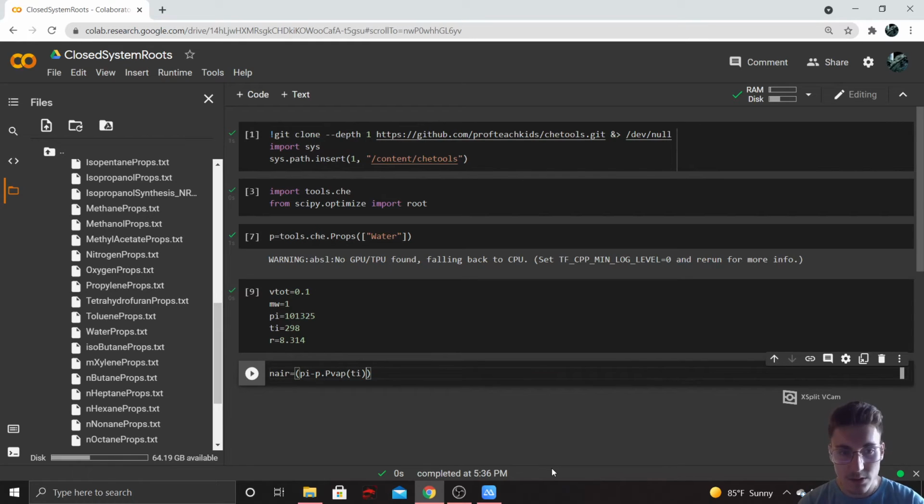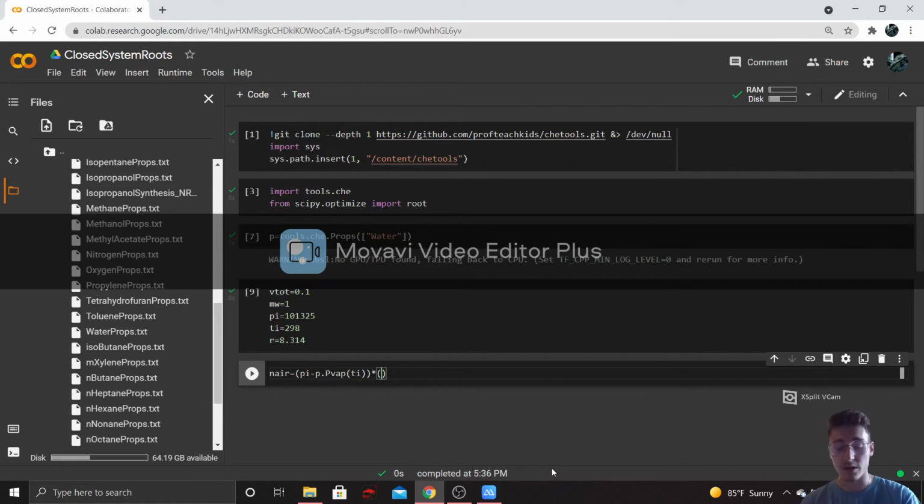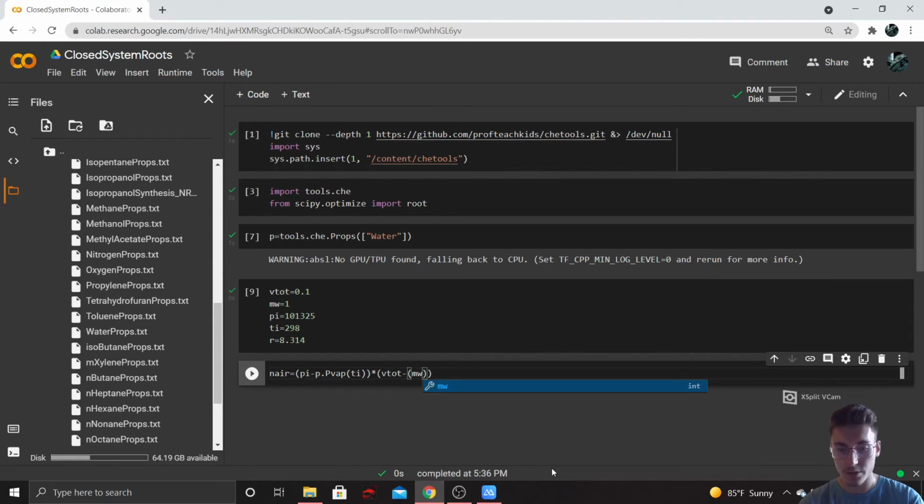And then that should be closed off. There it is. And then we're going to times that by the volume of the water. So it's going to be the mass of the water divided by the density of water.